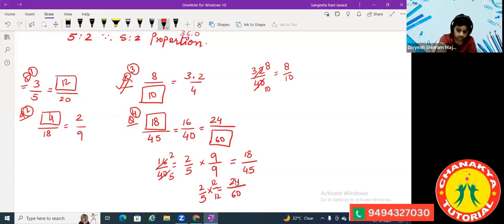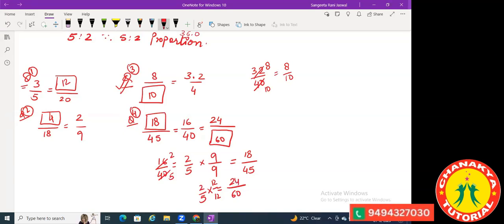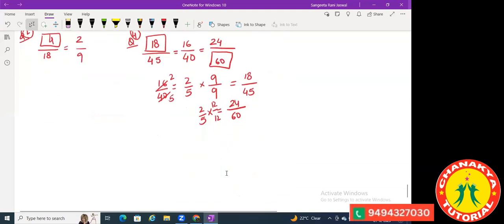Ma'am, can you explain me again? Yes. I'm not getting it. Okay, I'll explain again. Look here. First of all, I was given this complete ratio. Then I reduced it by dividing with 8 so that I get the lowest form.